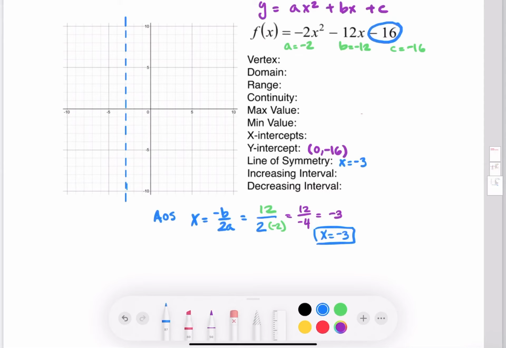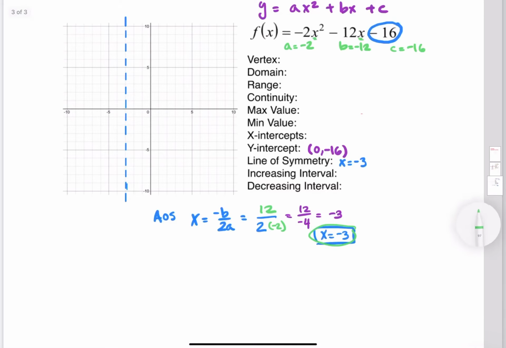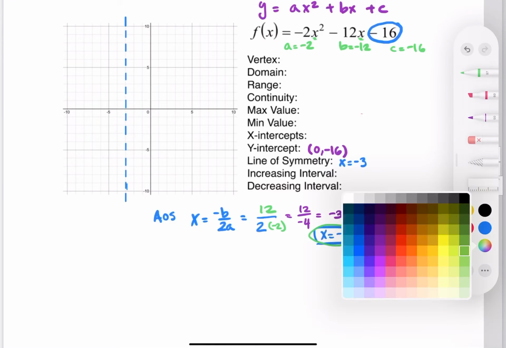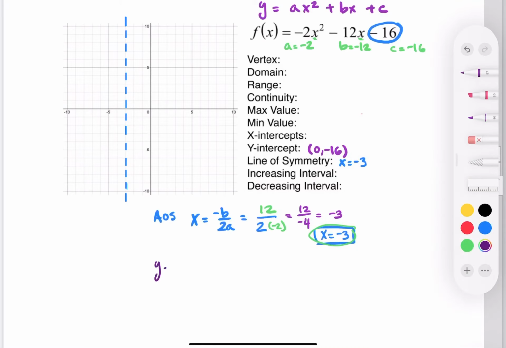So to figure out where our vertex is, all I've got to do is take this x value that we just found and substitute it into our x values in our equation. So I'm going to plug it in right over here and right over here. I'm going to recopy that equation here, and anytime I see that x, I'm going to replace it with that -3.